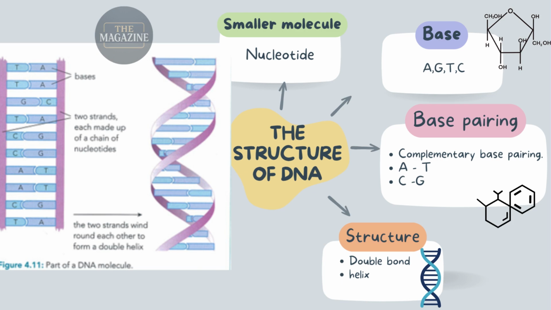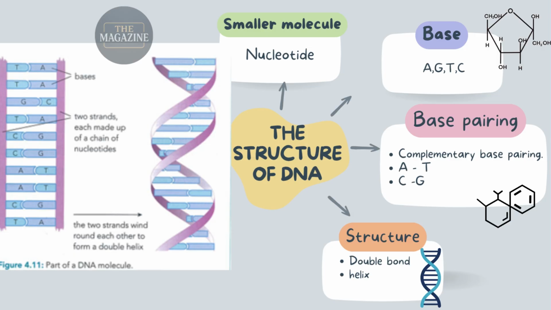So when we discuss the structure, we already know that it is held by bonds, and it is a helix like a ladder. The ladder which is rotated like a helix. So these are the main points we have to know about the DNA structure.